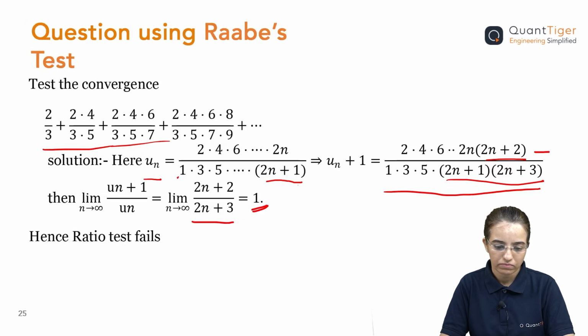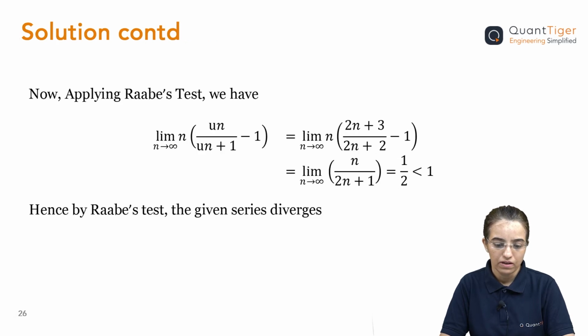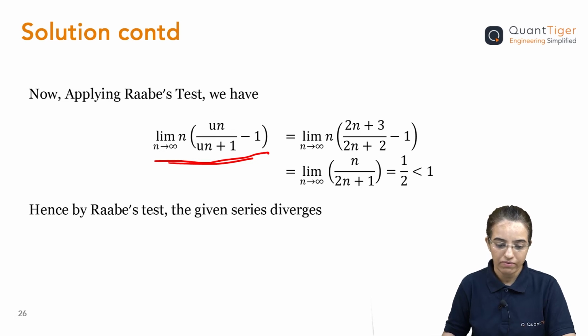Now we can start using Raabe's test. This is the way it tells us to do it. We have to take un upon un plus 1, subtract 1 from it inside the bracket, and multiply by n.